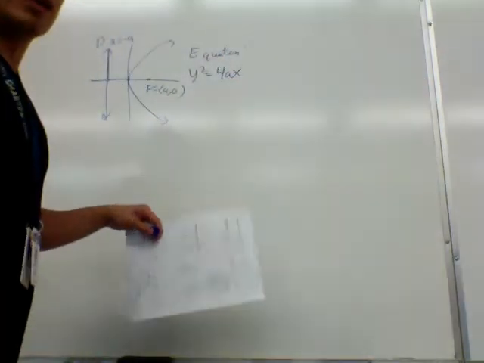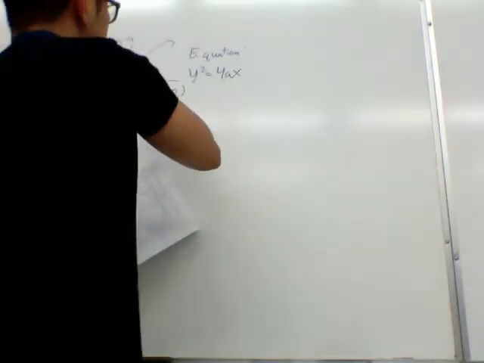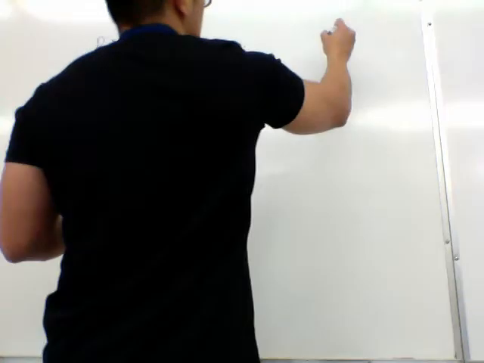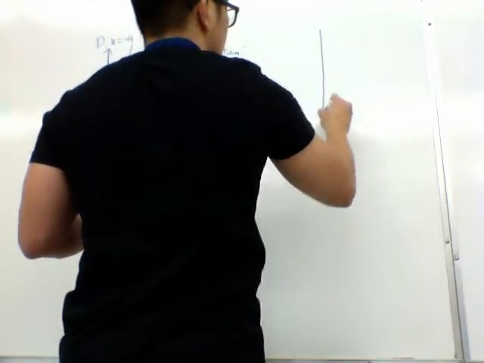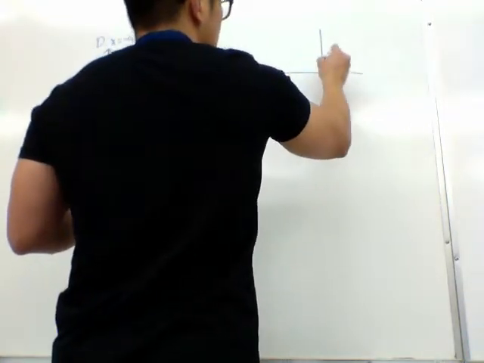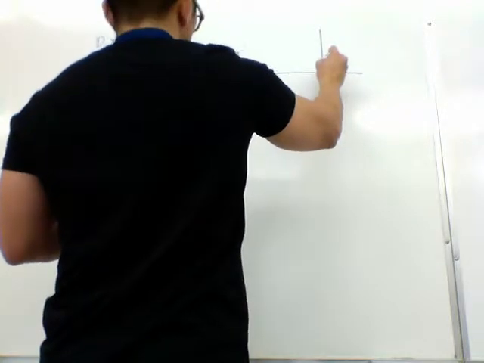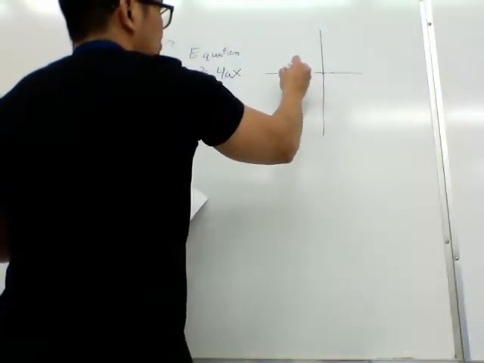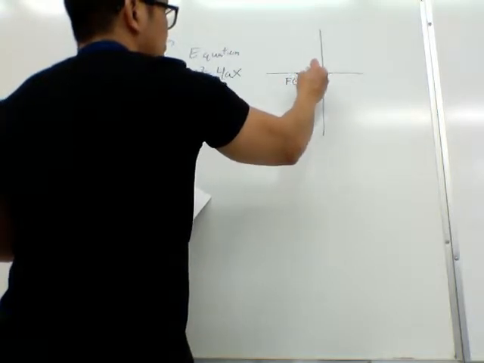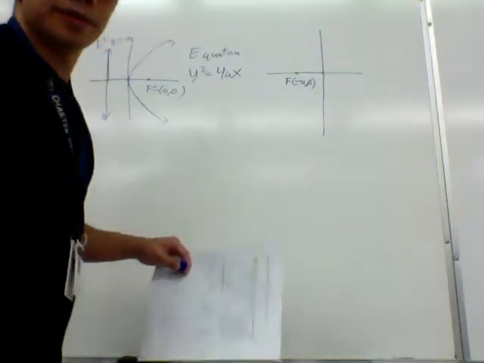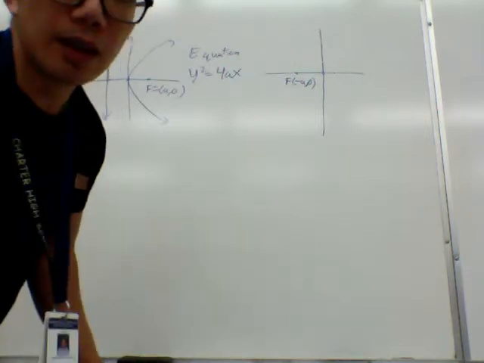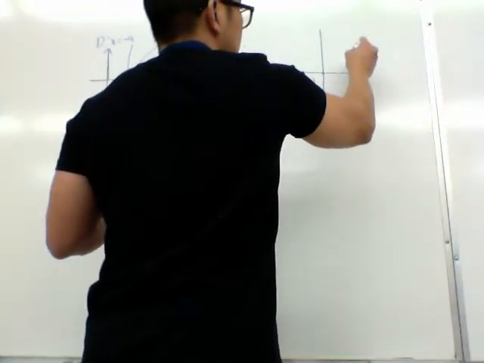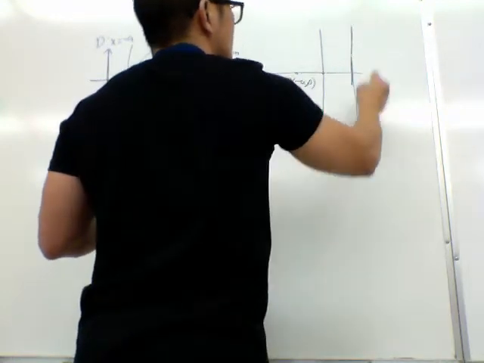Okay? Now, case number 2 is instead of the focus being to the right, the focus is to the left. So, here's case 2, here's my vertex. But now the focus is at -a, 0. Hopefully you could see that. It says -a, 0. So my directrix is now going to be at +a.